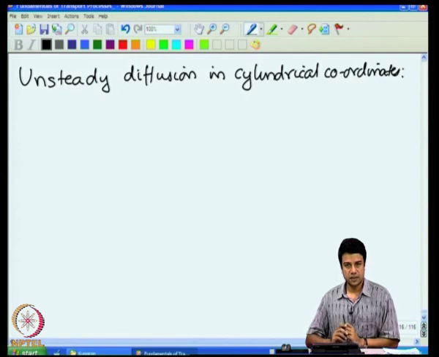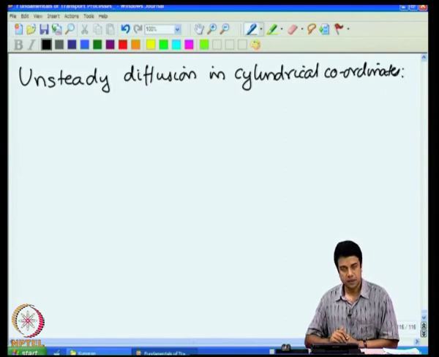When we looked at the unsteady problem in Cartesian coordinates with the flat surfaces, the first thing we looked at was unsteady diffusion in one dimension using a similarity solution. In that particular case, we had a surface at z is equal to 0 bounding effectively an infinite fluid.